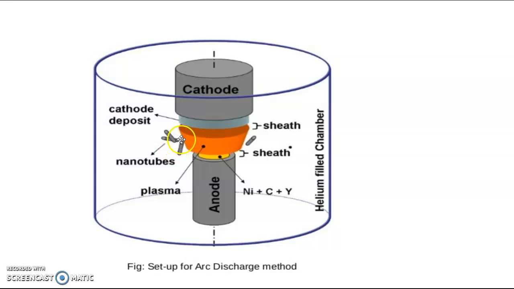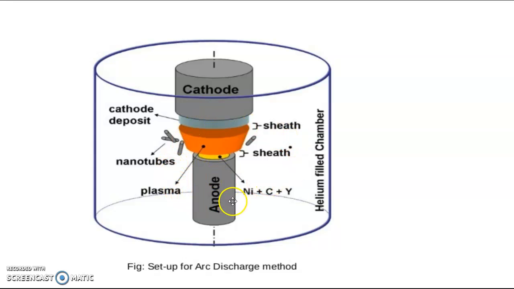This is the image which explains the arc discharge method, which has two electrodes, one is the anode and another one is the cathode. This is the cathode deposit area. These are the nanotubes produced between the anode and cathode.